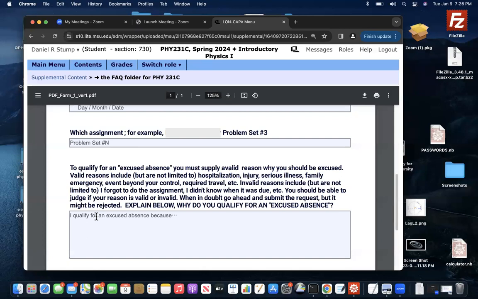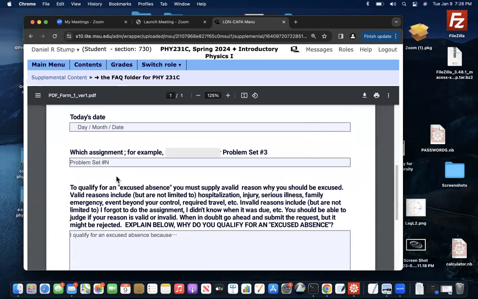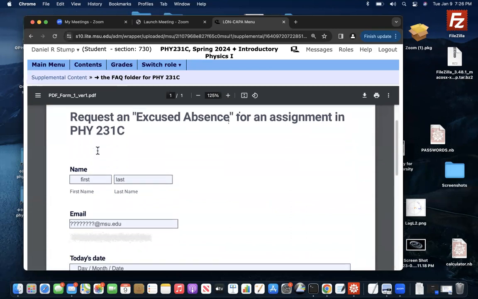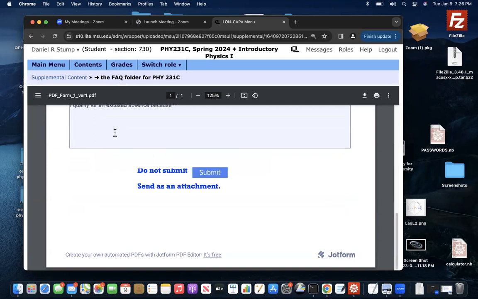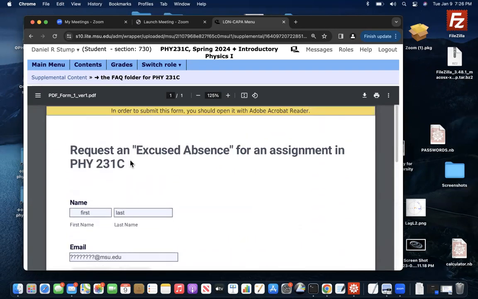So what that means is we won't take that assignment into account when we make up the final grades. Don't ask for excused absences every week, because the more you ask for, the less likely it is to be approved. And then send this back to the instructors as an attachment to an email.